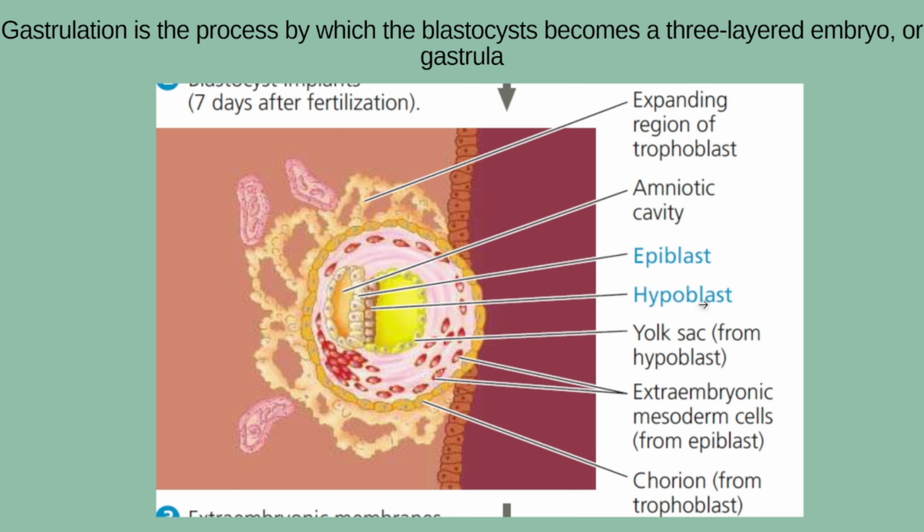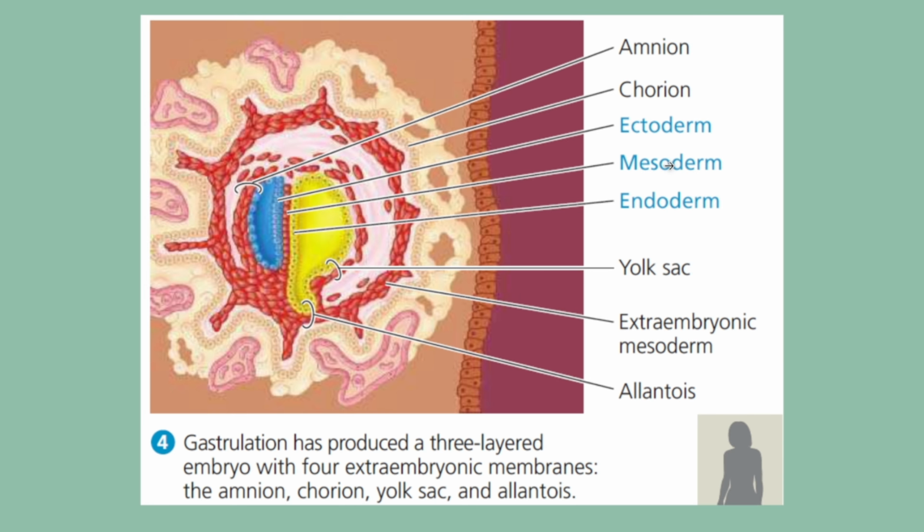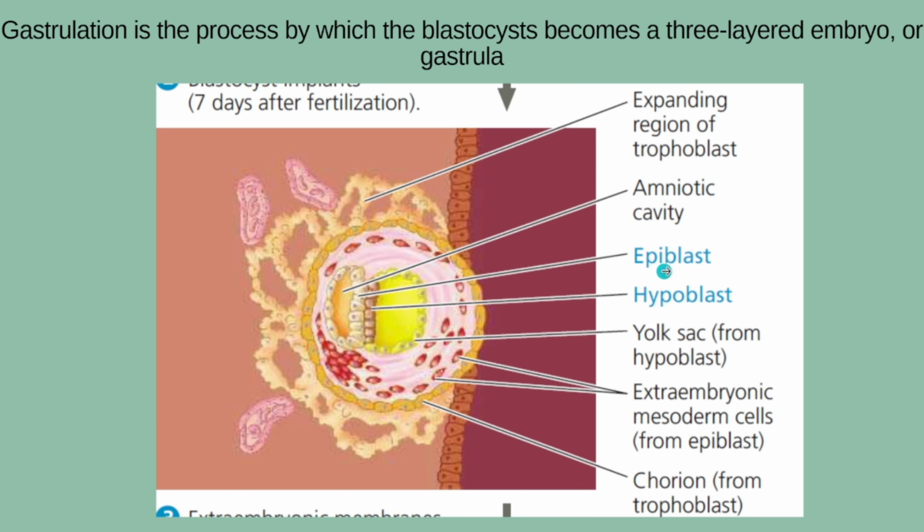In humans, the embryo develops almost entirely from the epiblast. The epiblast is the inner part, and the hypoblast is the outer part. Some of the epiblast cells will remain as ectoderm, while others flow along the primitive streak to form mesoderm and endoderm. So the majority of all three germ layers are formed from the epiblast.